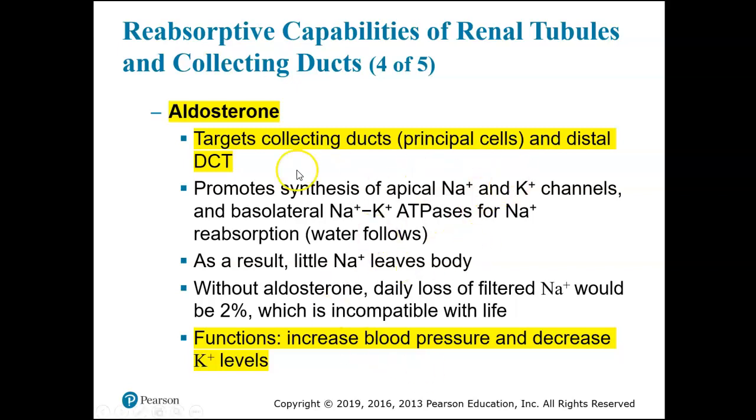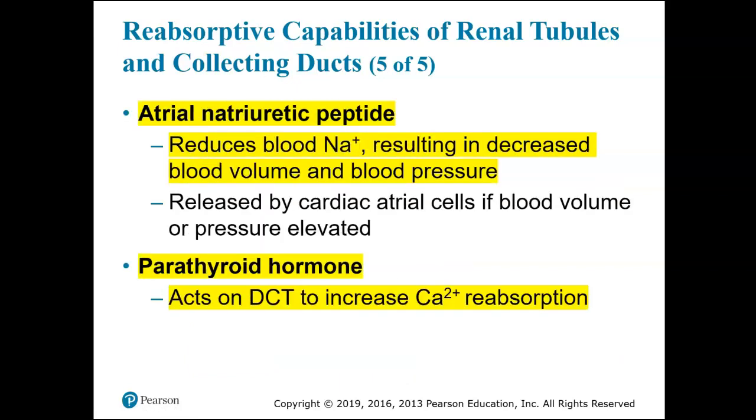Now there's another hormone called aldosterone, and it targets the principal cells of the collecting ducts as well, and the DCT. And the functions of aldosterone are to increase blood pressure and decrease potassium levels. Then we have ANP, or atrial natriuretic peptide, which is released by the atrium of the heart.